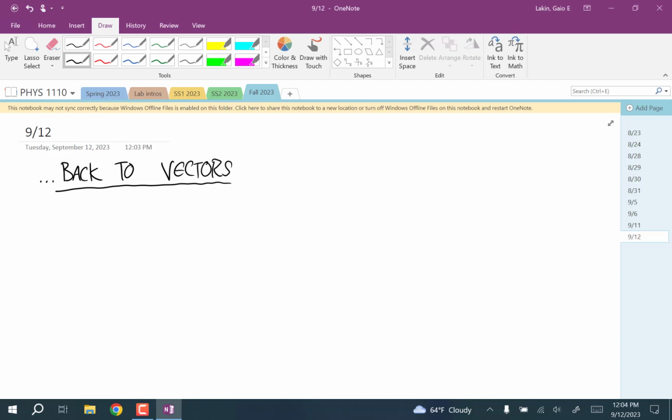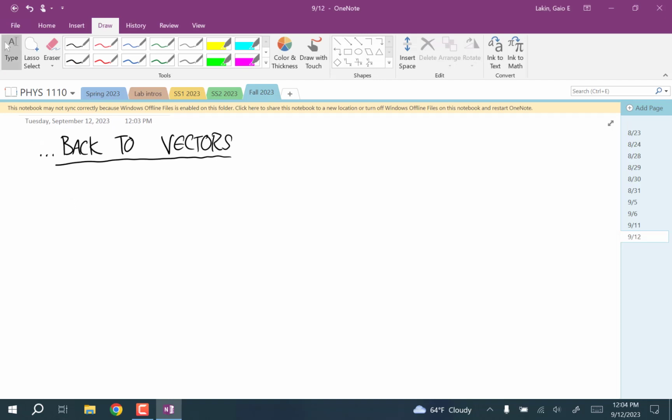So now I'm going to give you the 3 calculations involving vectors that we're going to use in this class. So once you have a vector expressed in components, or 2 vectors in some cases.